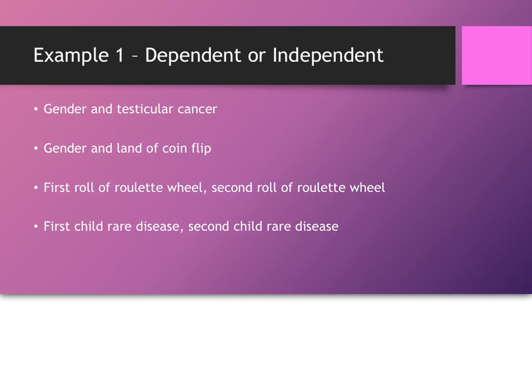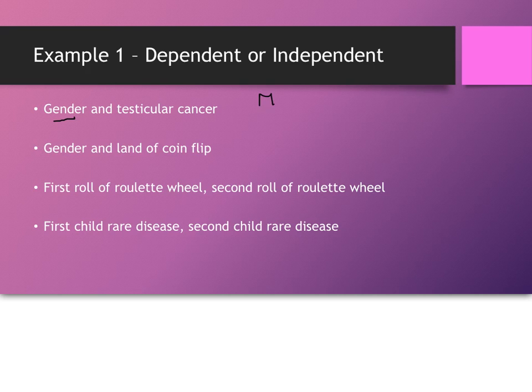So if you look at something like gender and testicular cancer. Imagine my experiment is picking a person out, and we're going to collect two different pieces of data. We're going to collect what gender they are, and then whether they had testicular cancer or not. Now, it should be fairly obvious that gender does have some sort of influence on the chances of them getting testicular cancer.